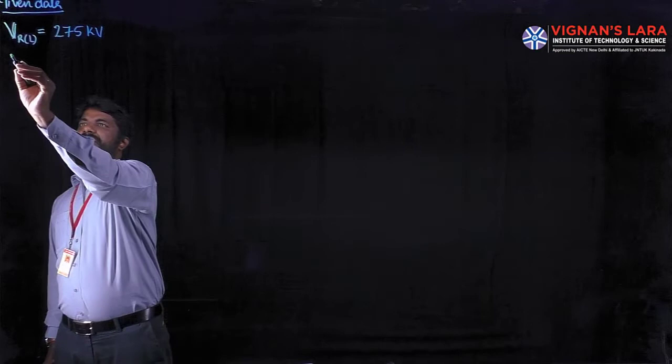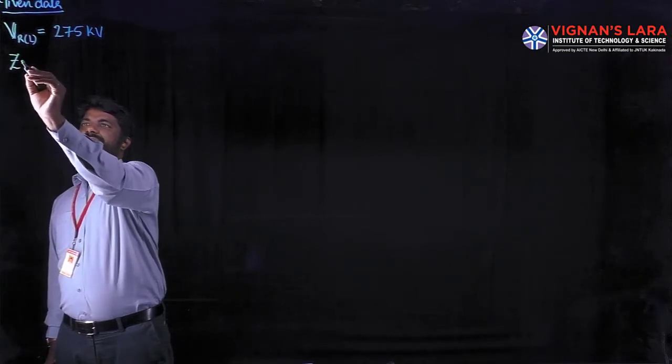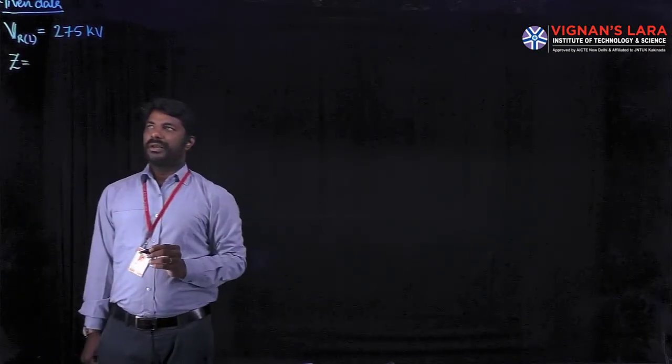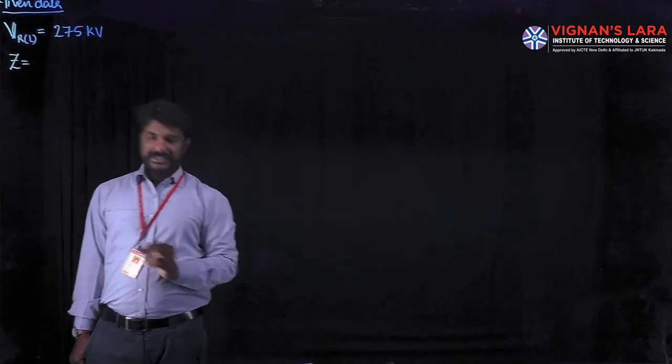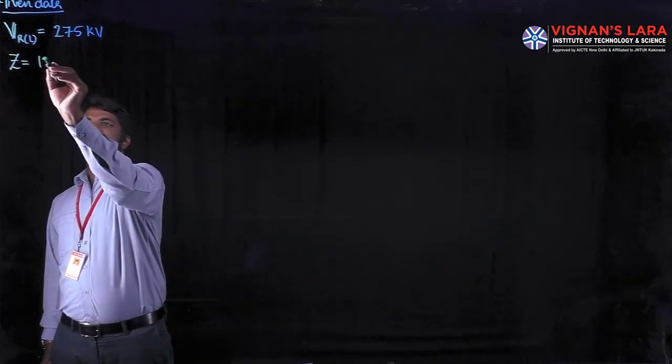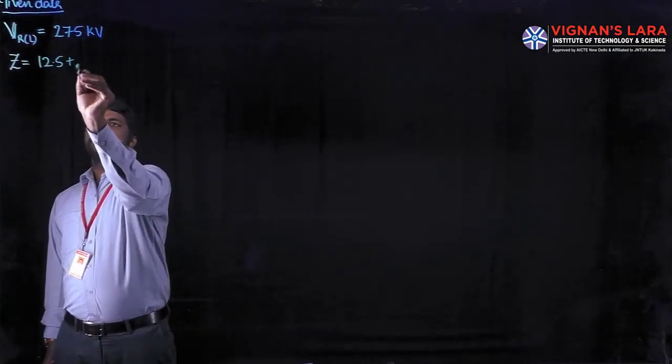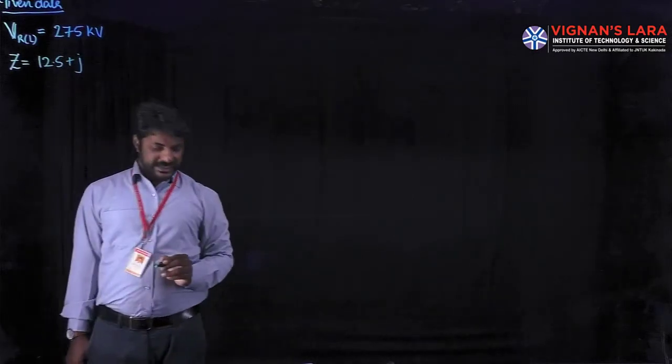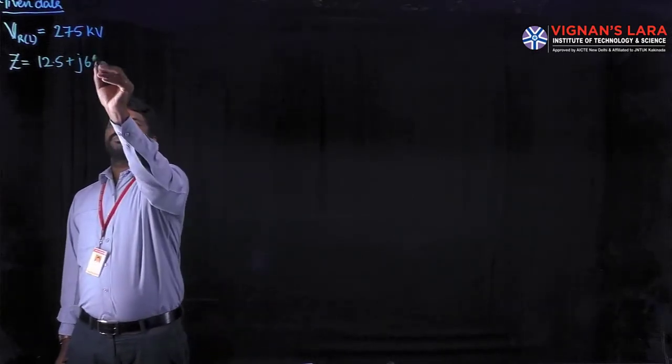Okay, and the impedance offered for this entire transmission line of long length is Z, given as R plus jXL, whose value is 12.5 ohms plus j66 ohms.